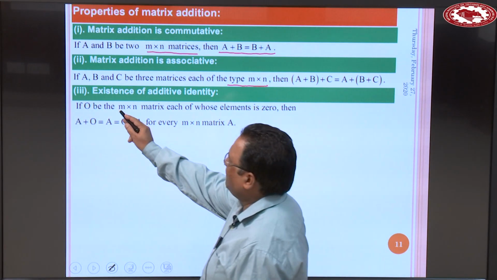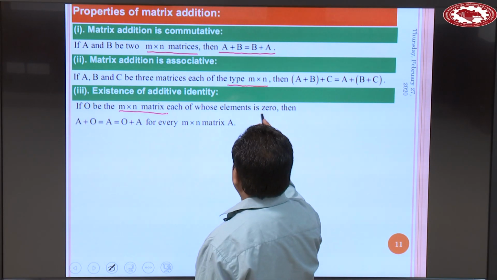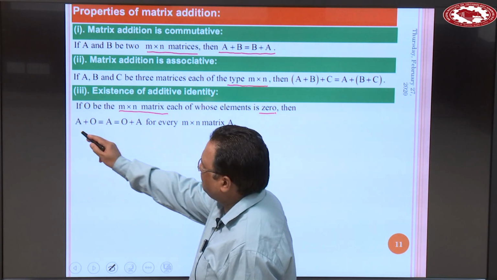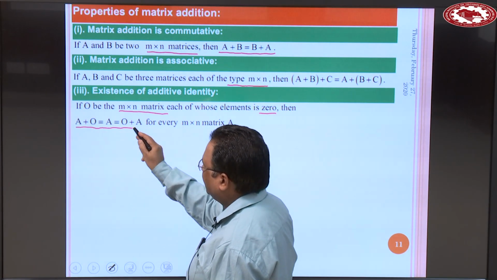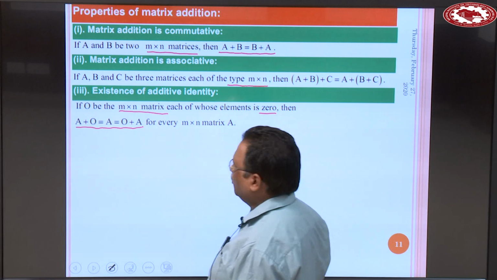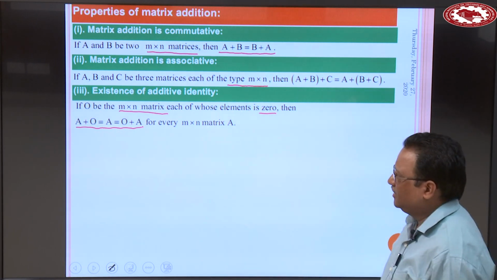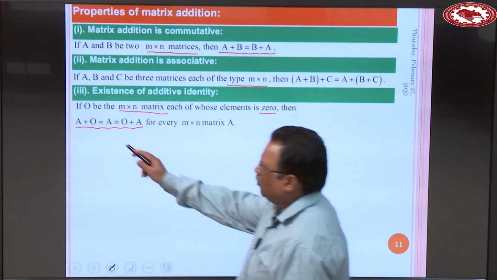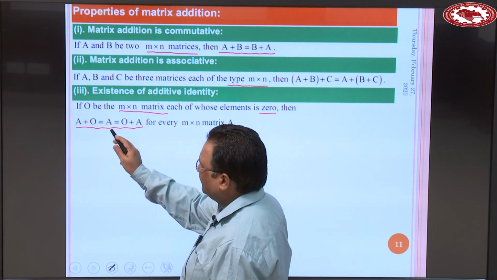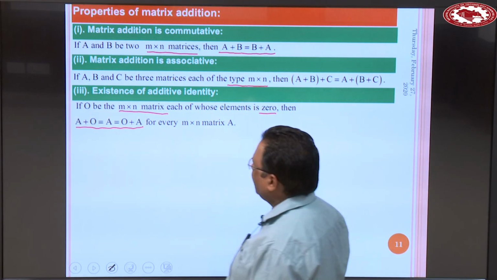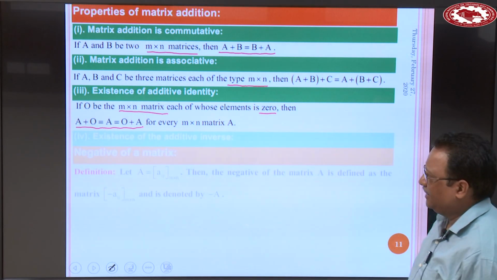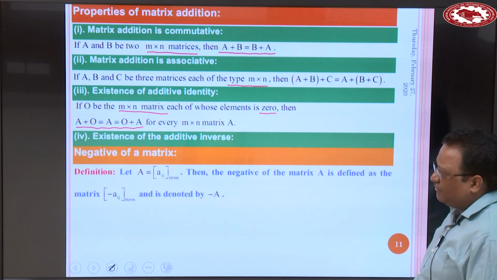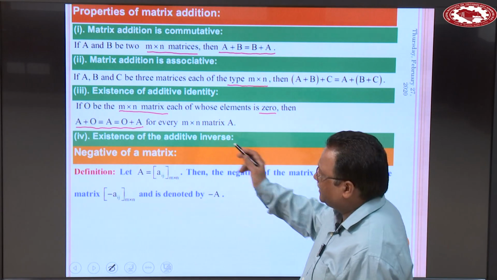If O be the m by n matrix, each of whose elements is 0, then A plus O is equal to A is equal to O plus A. So, O is additive identity. So, if you add the O matrix here, you will get again the same matrix for every m by n matrix A.